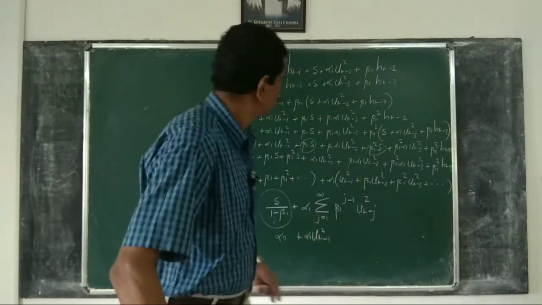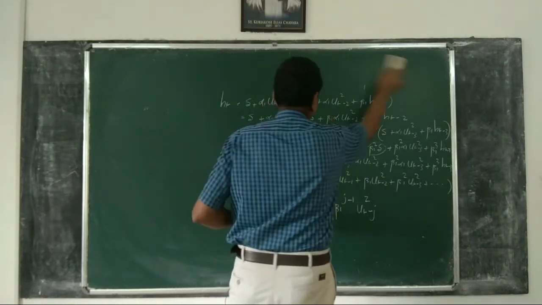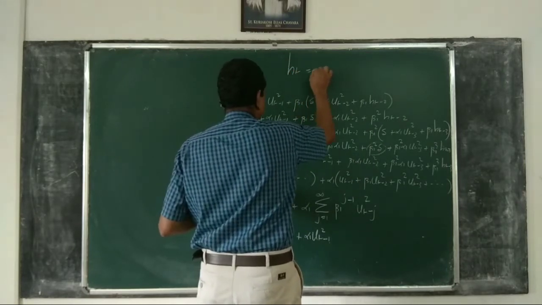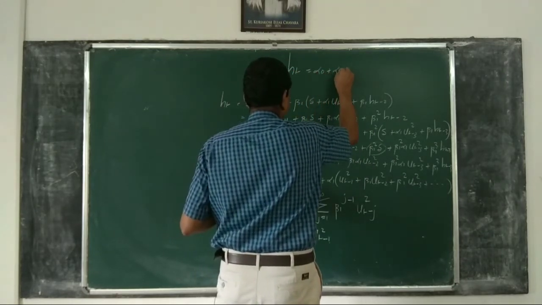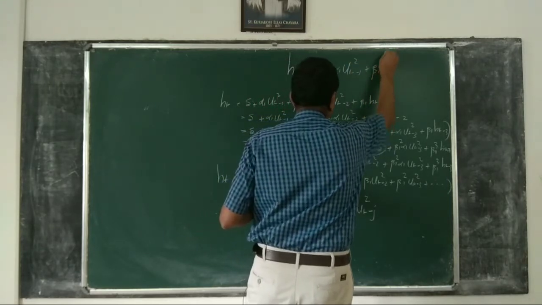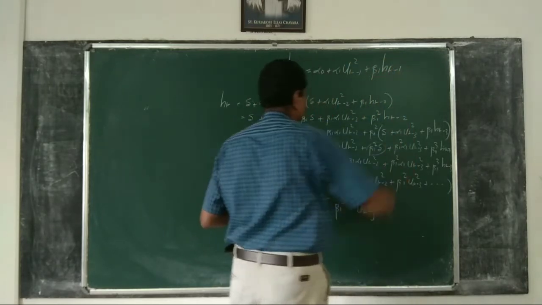where GARCH 1-1 is ht equal to alpha 0 plus alpha 1 ut minus 1 square plus beta 1 ht minus 1.